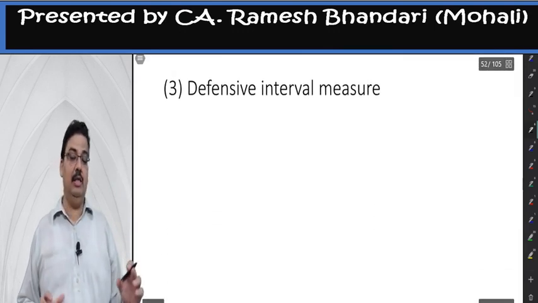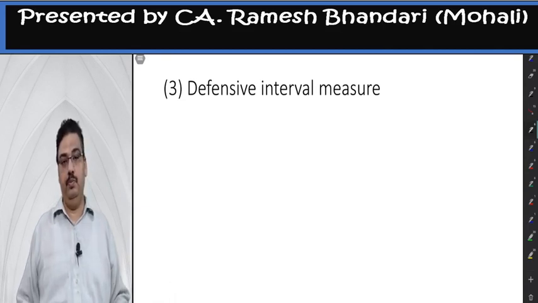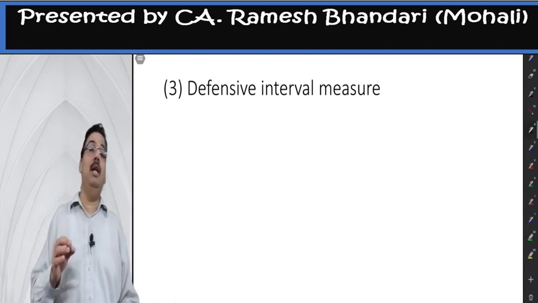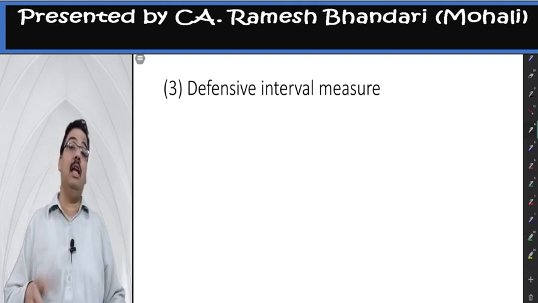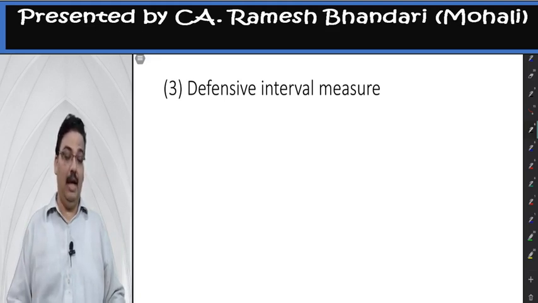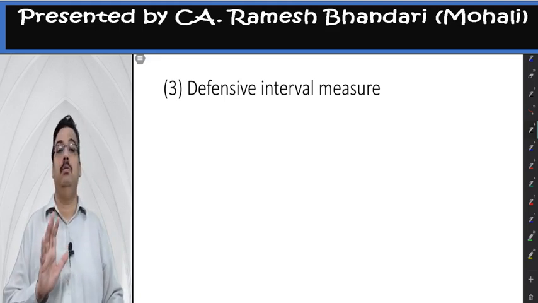Defensive interval measure is a very interesting ratio. It is simply saying, with the available cash, how many days can you run the business? That is the defensive interval measure.